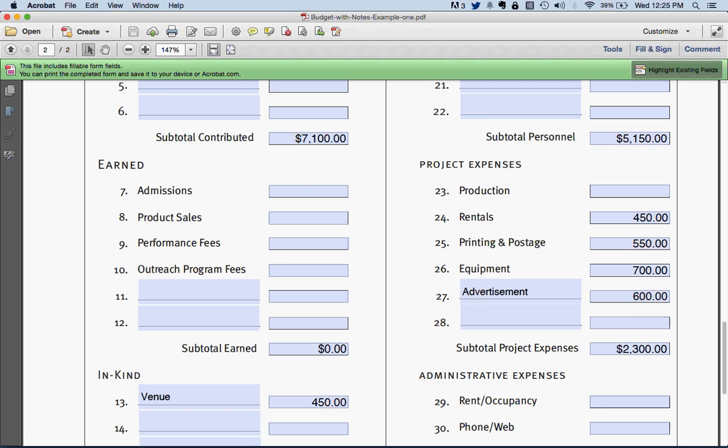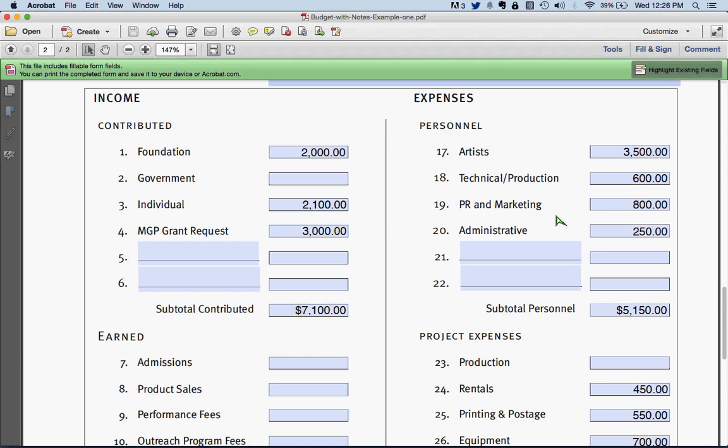So remember what I was saying before about how when you have an in-kind service, you want to show it both on the income side, which they've done here, and then you need to account for it on the expense side too, which they've also done here under rentals.